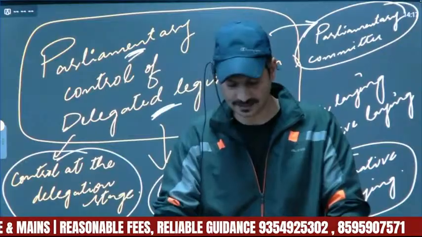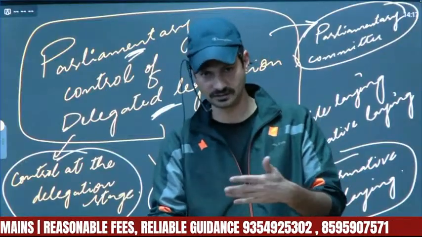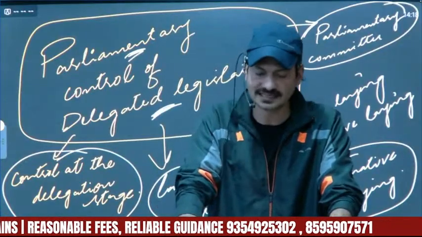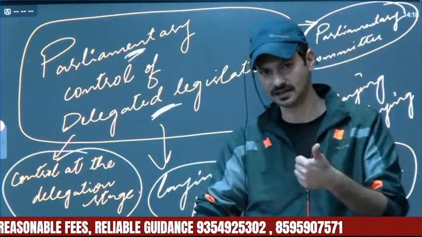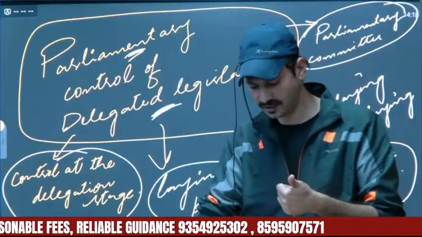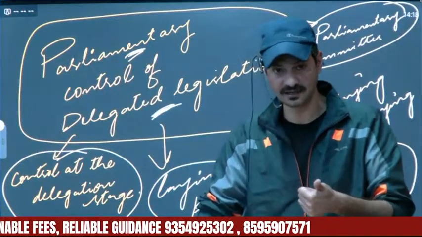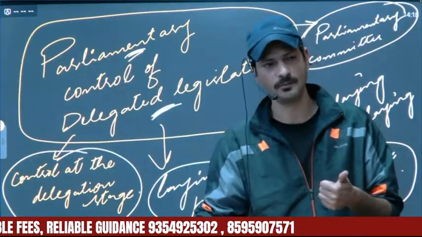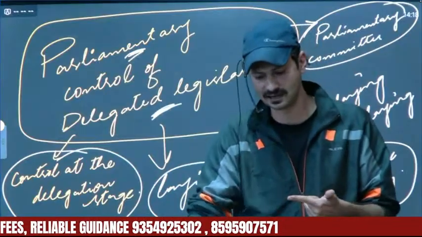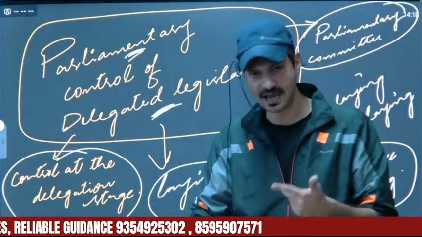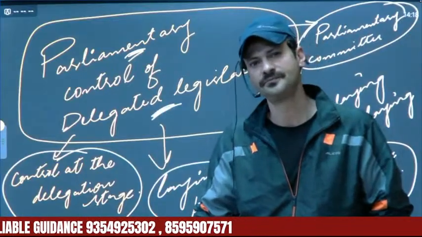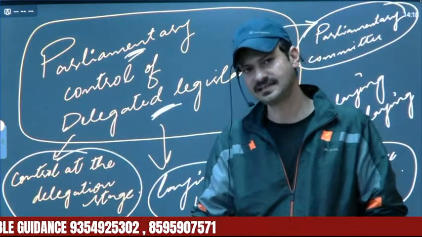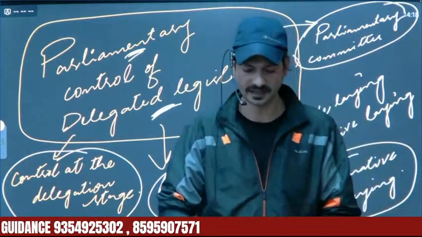This committee examines whether delegated legislation which has been made exceeds the authority that is given to it by the parent law, whether the delegated law imposes unnecessary burden on the citizens, and if it violates constitutional principles. So these are the things that this committee looks into.